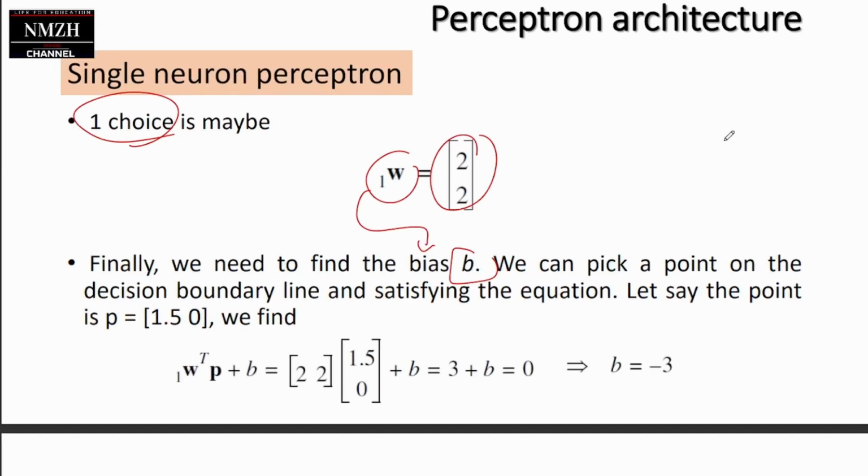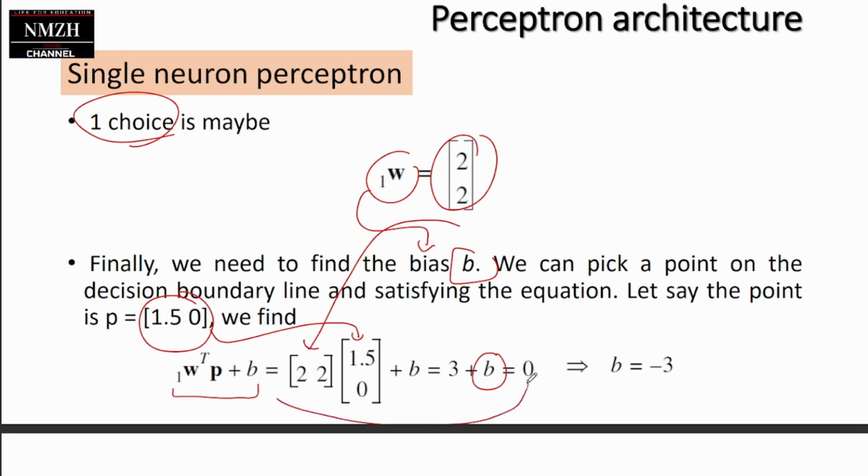So let's say the point P15. So this one is the data, this one is here, and the weight is there. So we have this, right? B. Okay. So for example, to find the bias itself, because the boundary line makes the equation equal to 0, right?